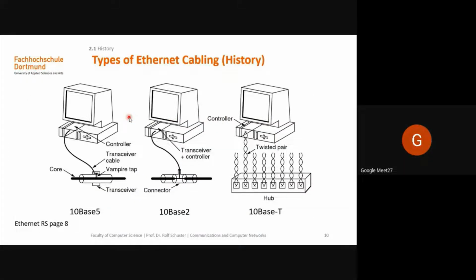Ethernet technologies offer different medium-dependent options or medium-dependent definitions.